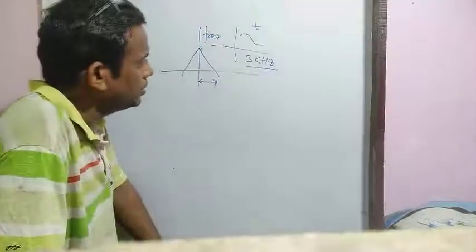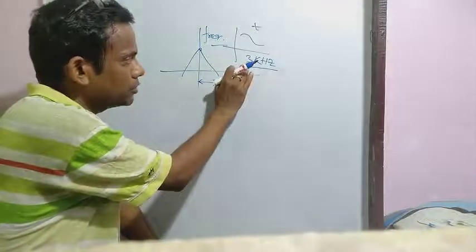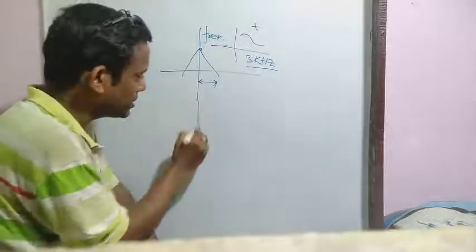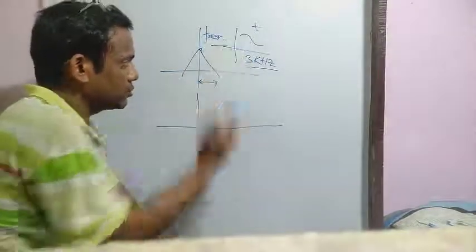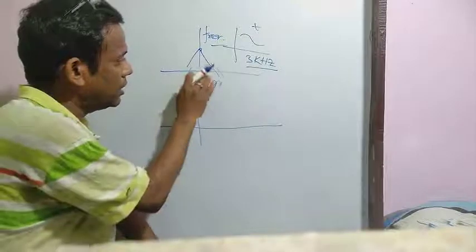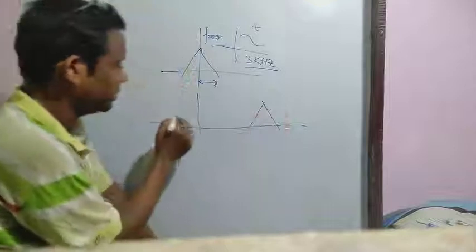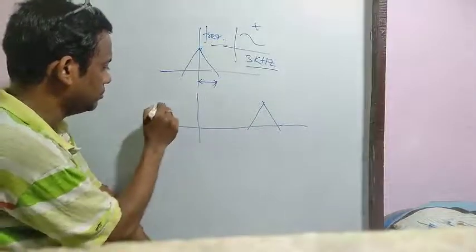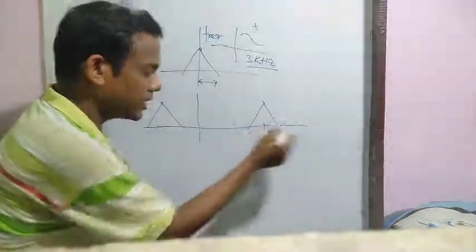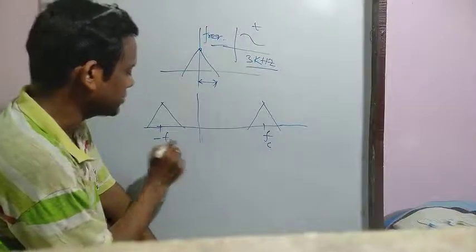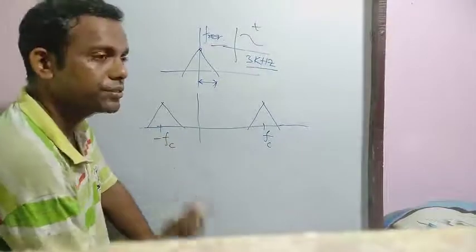So here we see that if you multiply this signal in the time domain, then in the frequency domain you will get two signals, one centered at fc, it is G(f minus fc), and one centered at minus fc, it gives G(f plus fc).